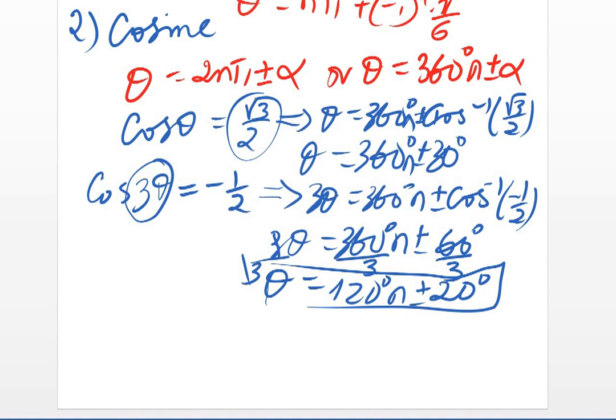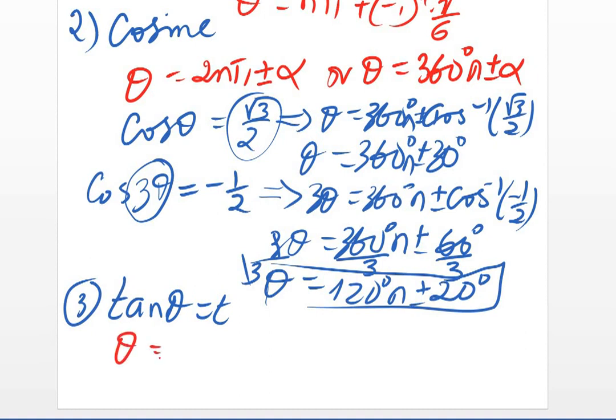Okay, let's have a look at the third case, which is for tangent. I want us to look at all the cases for general solution. We have tangent. So, if you have tan theta, for example, equal to t, the trig ratio t, how do you obtain the general solution?